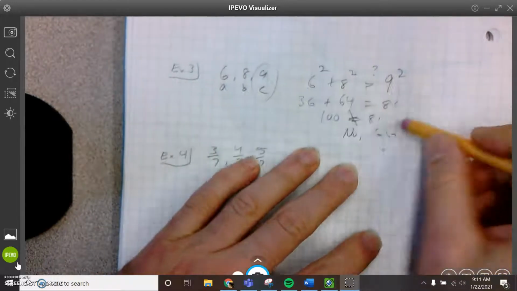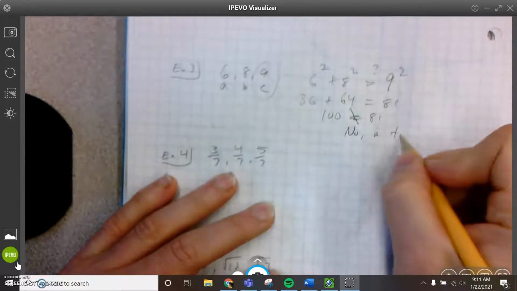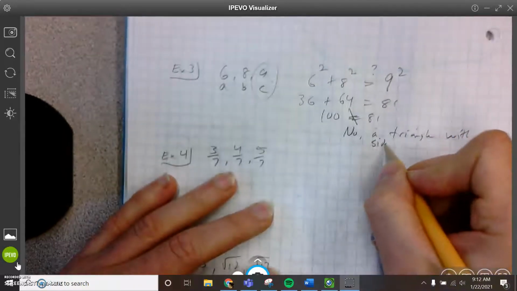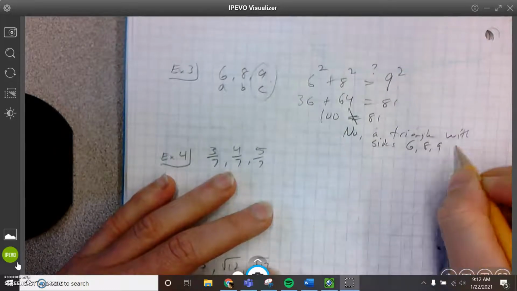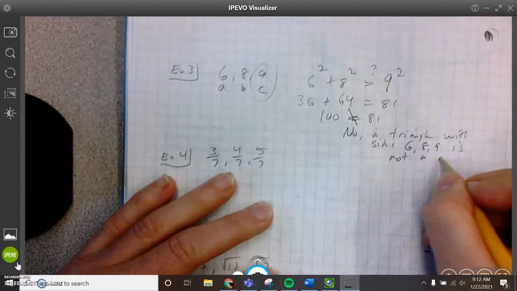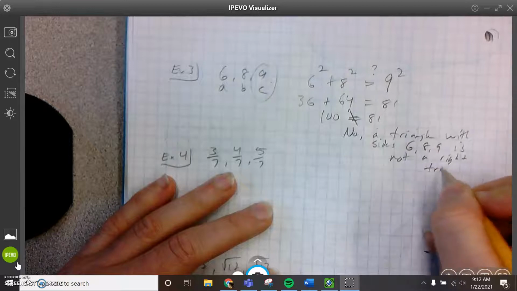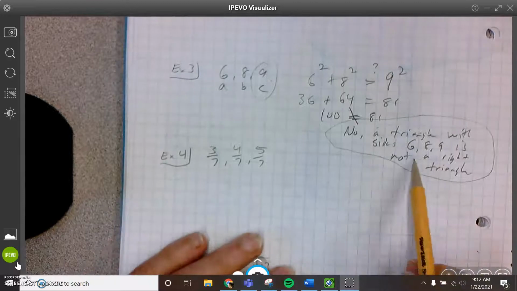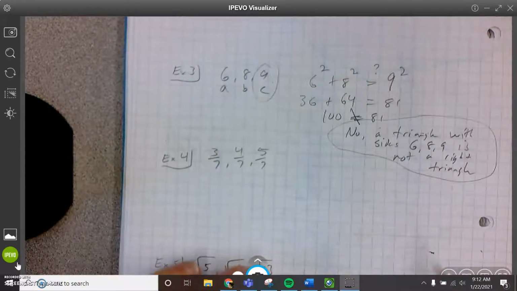Sorry, a triangle with sides 6, 8, and 9 is not a right triangle. Could be an acute triangle, could be an obtuse triangle, but it's not a right triangle. It doesn't have a right angle.